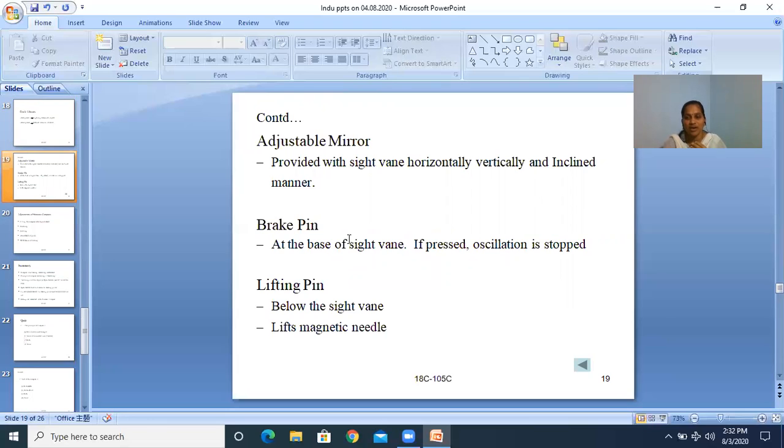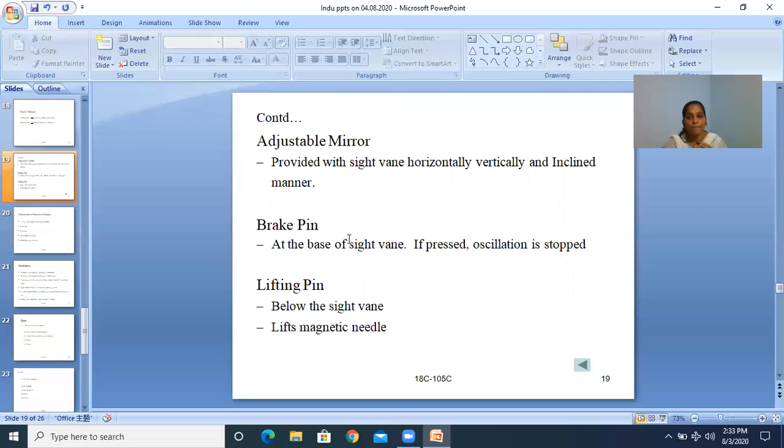The brake pin is provided at the base of the object vane in order to stop the oscillations of the needle, and the lifting pin is provided below the sighting vane to take care of the prism. So two pins are provided. The function of the lifting pin is to avoid undue wear and tear of the pivot point.